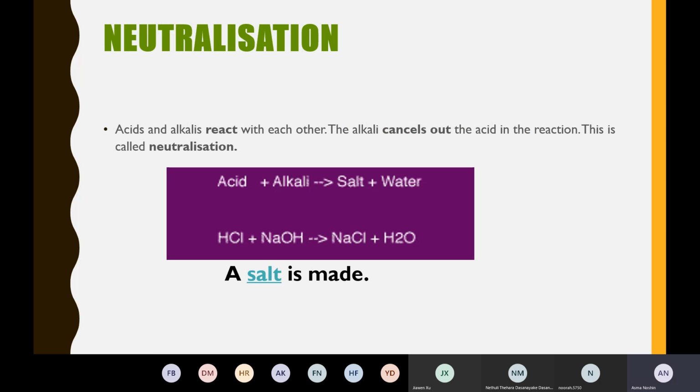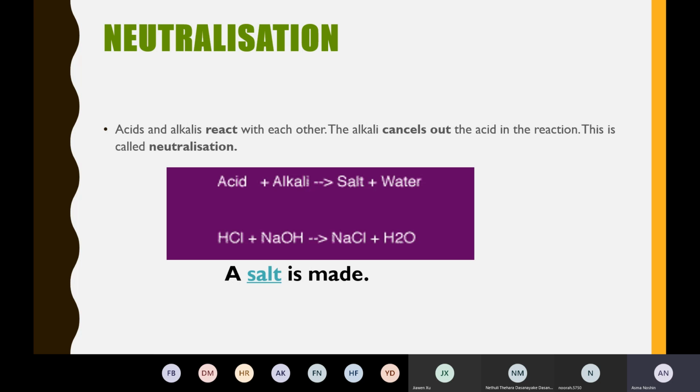Neutralization. That means the quantity of acid will go down. It will become less acidic, and the soil from acidic will move toward neutralization. Yes, very good.